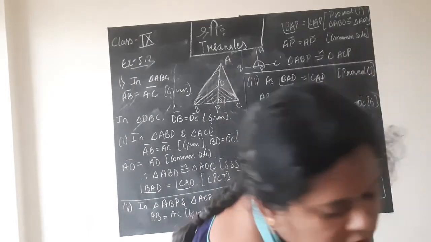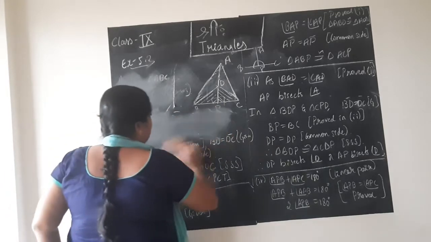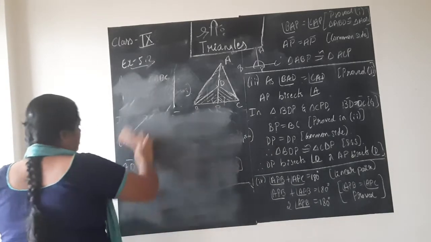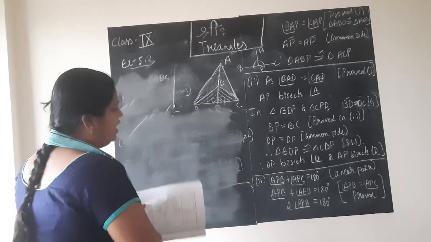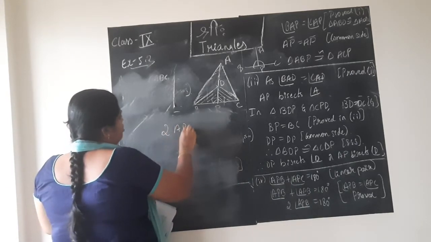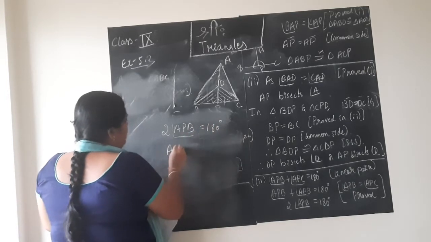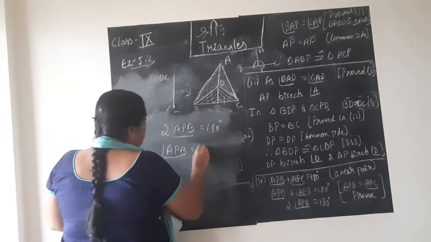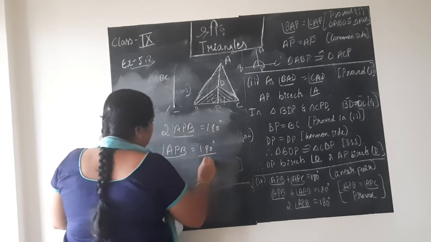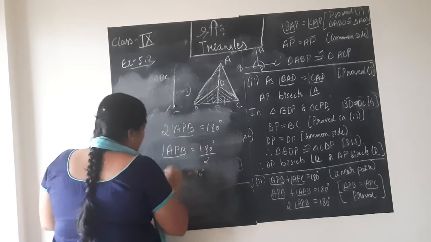Next step what we need to do is, we are left with 2 more steps. So 2 times APB is 180 degrees. I will rewrite it. 2 times angle APB is 180 degrees, so angle APB is, children, 180 degrees divided by 2. Therefore, angle APB is 90 degrees.